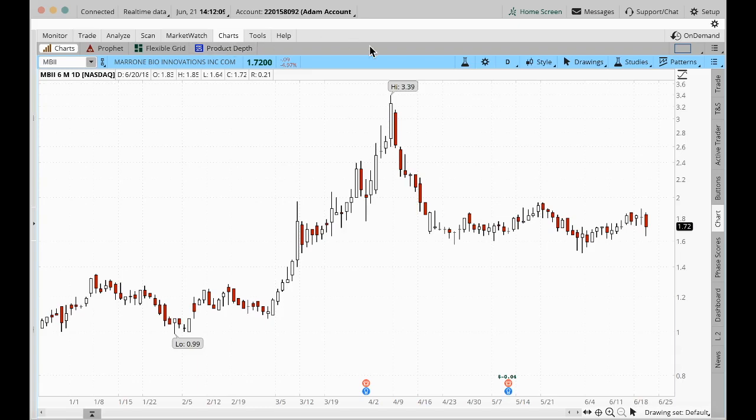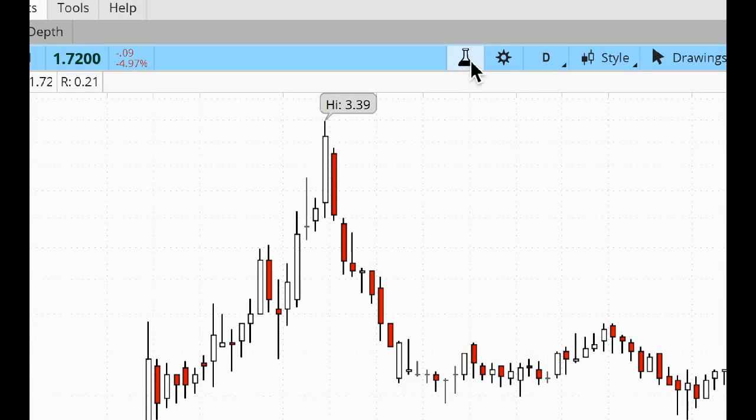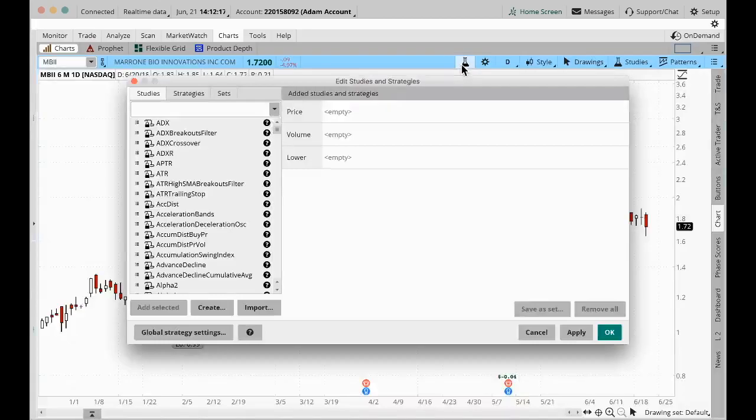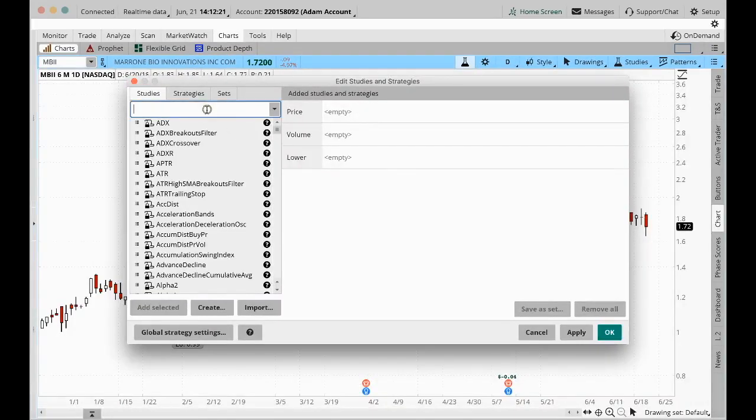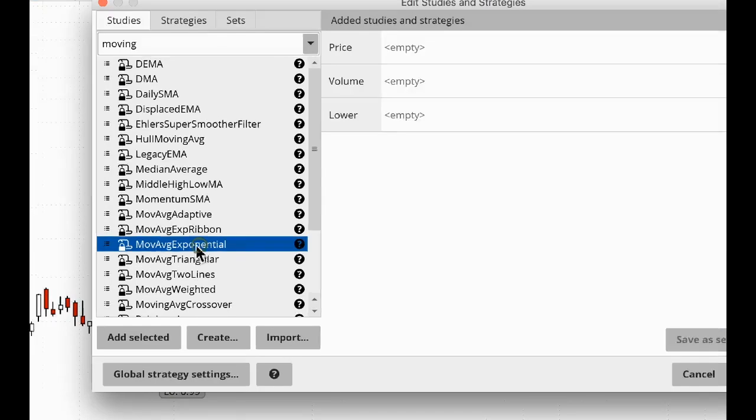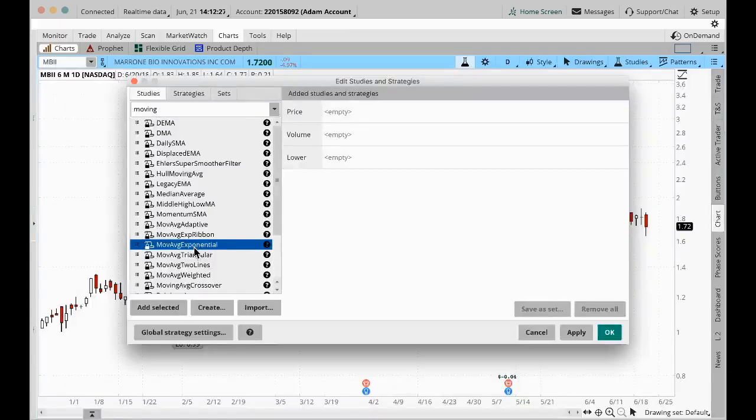And the first thing I'm going to do is put in the moving averages. So I'm going to go to this, which is the magic potion, which is basically to insert your studies and strategies, your indicators. And I'm going to select moving averages, exponential moving average. So I'm going to choose two.